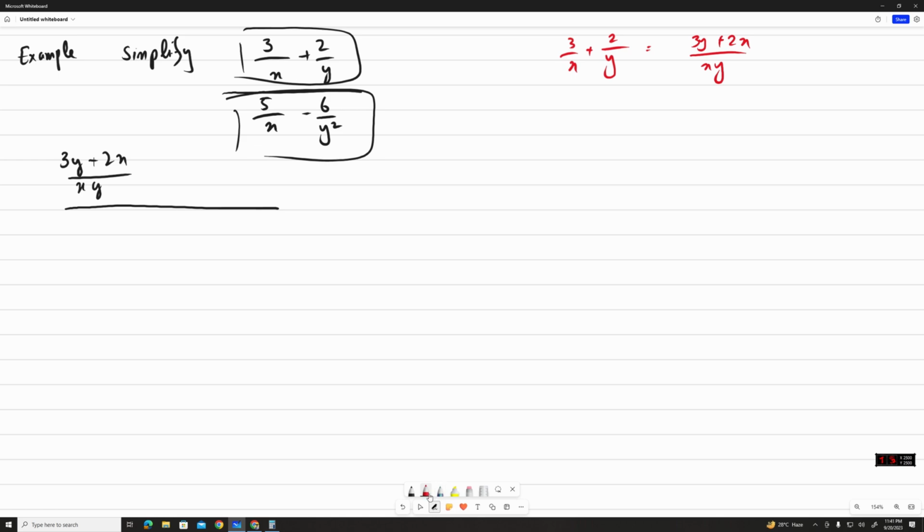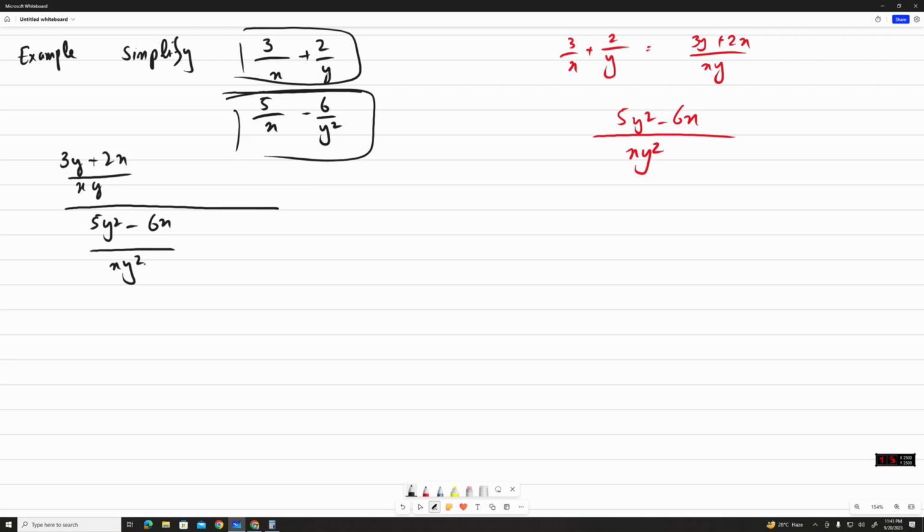We're going to the denominator. It's going to be x and y squared. And it's going to be 5y squared minus 6x, since the y squared will cancel, so in the denominator it should be 5y squared minus 6x divided by xy squared.